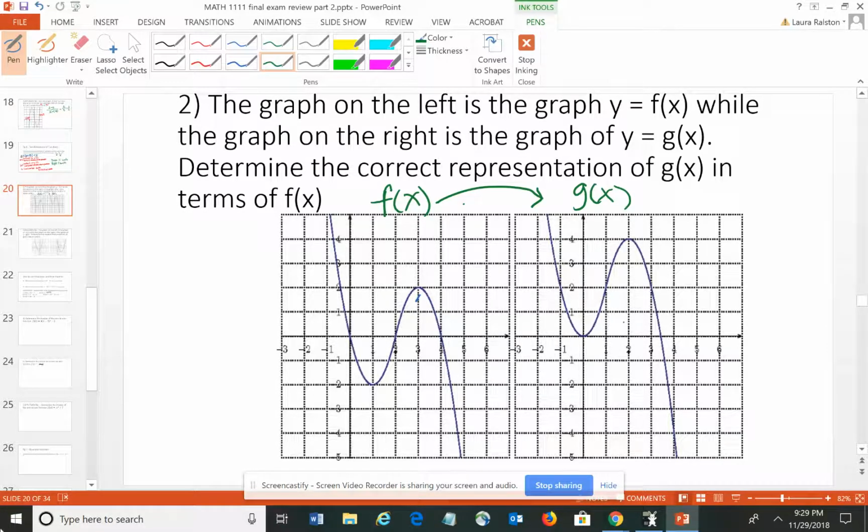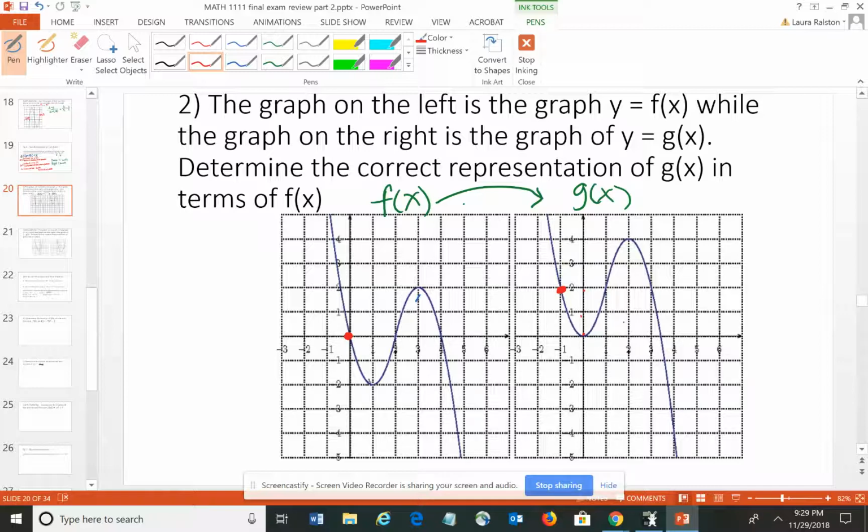And so honestly, the way you figure this out is by looking at some of the key points. So for example, if I look at the origin point, which is one of the x-intercepts on the original graph, and I go over here and I try to find that same point, it has moved up 2 units and left 1 because it's no longer at the origin, it's gone up 2 and left 1.